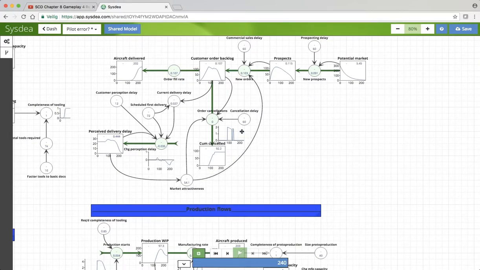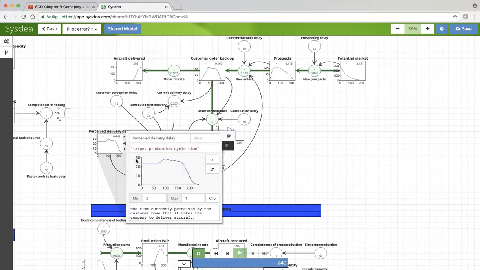The interesting phase is around here, the period after the scheduled first delivery after 72 weeks. Why after 72 weeks? Well, until that time, all that the customers know is that the company, Airbus, said that they have a scheduled first delivery delay of X, and that's all we've got.